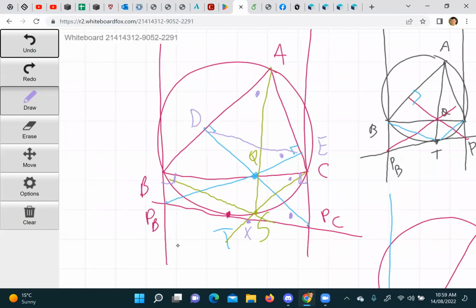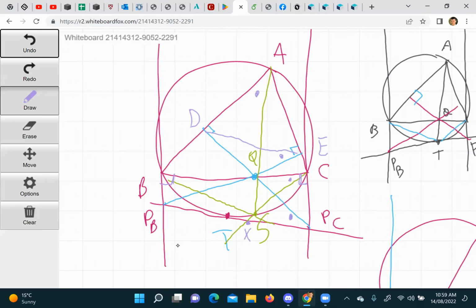Okay, let's recount this argument one more time. So we have cyclic chords A, D, E, Q. So these two angles are equal by bow tie. And the given cyclic chord A, B, S, C equals those two angles as well by bow tie.